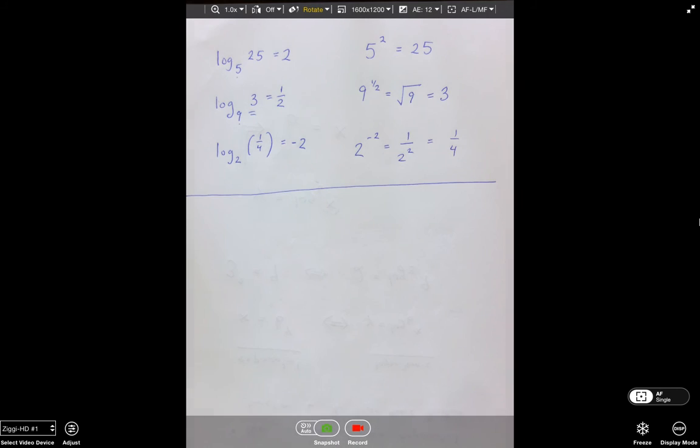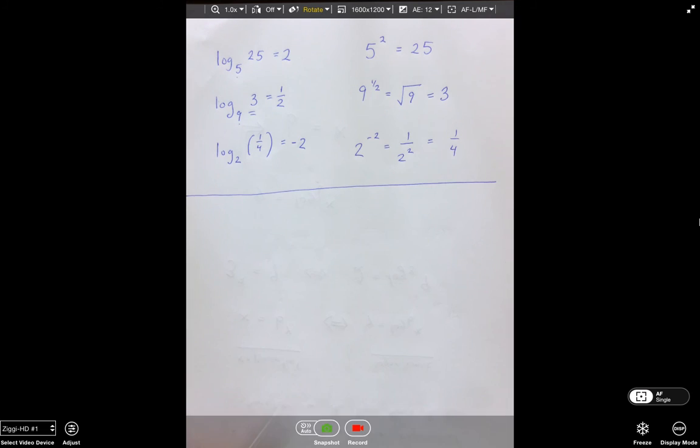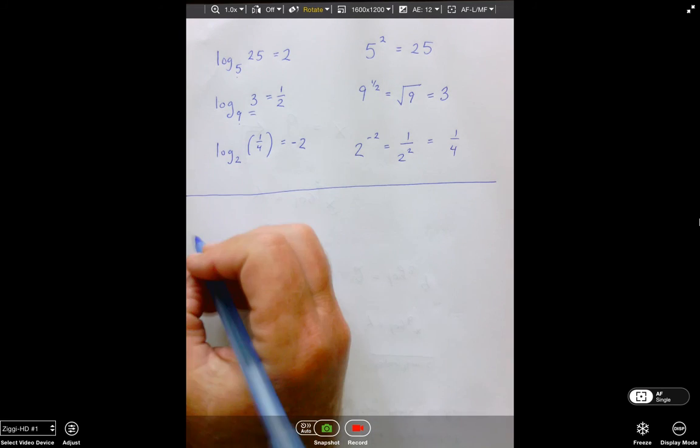So guys, logarithms solve for the exponent. So guys, let's go on. I think that's good enough. All right, guys, let's find y on a few of these.